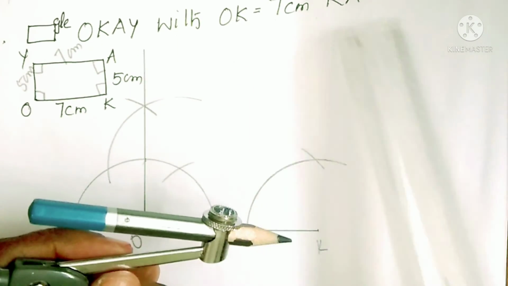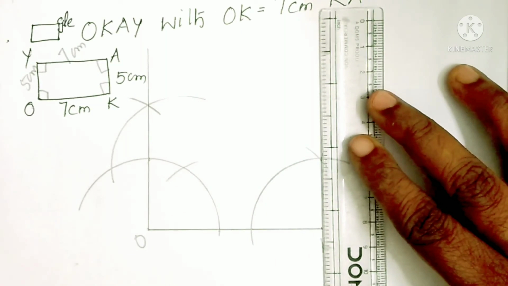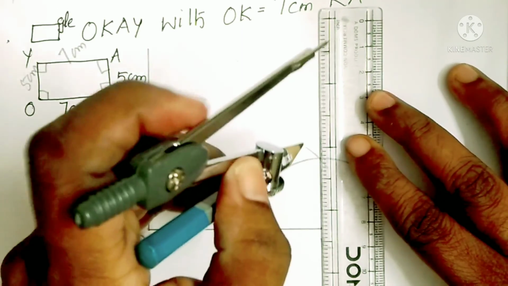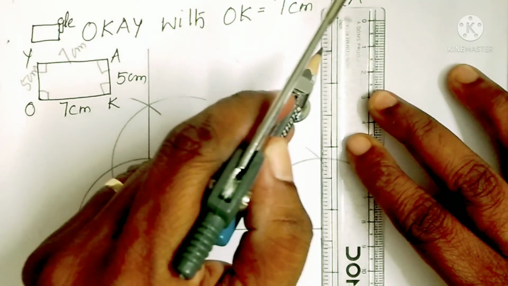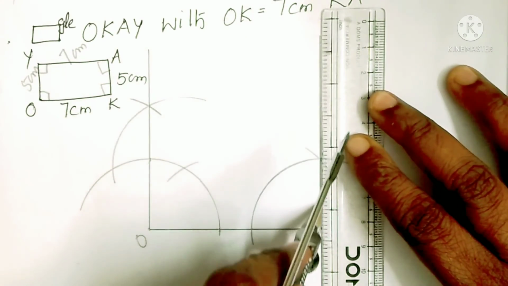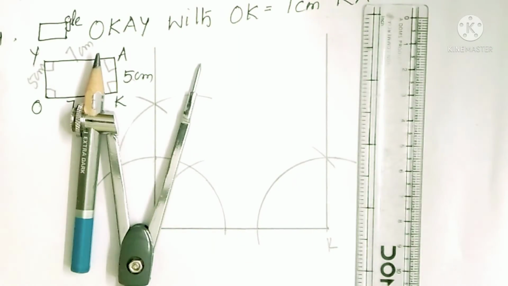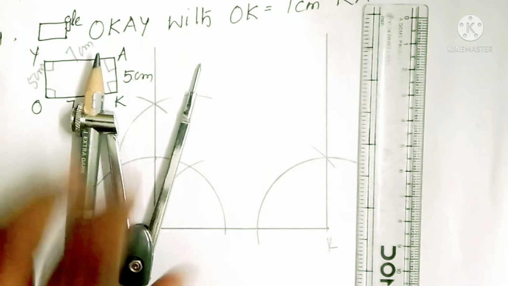So, I constructed an equal angle of O here, because O is 90 degree, K also will be 90 degree.